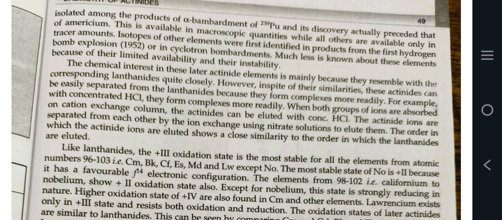This is available in microscopic quantity, while all the others are available only in tracer amounts. Isotopes of other elements were first identified in products from the first hydrogen bomb explosion in 1952 or in cyclotron bombardment. Much less is known about these elements because of their limited availability and their instability.